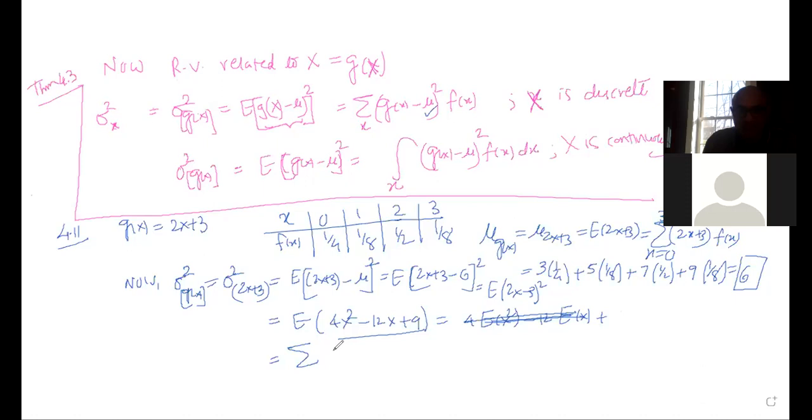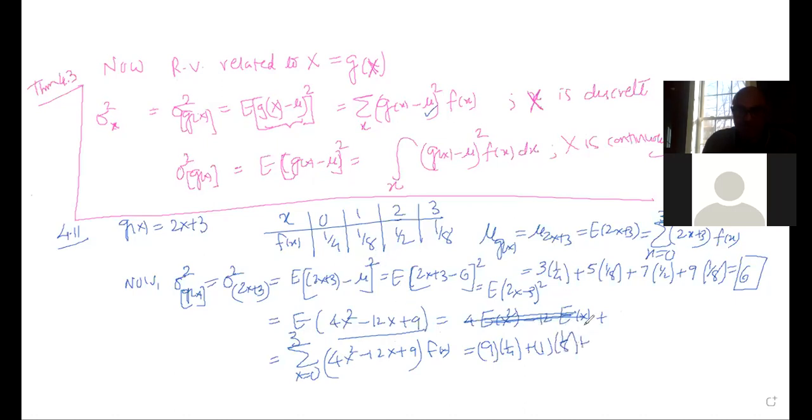So that is equal to summation of (4x square minus 12x plus 9) times f(x), x equal to 0, 1, 2 and 3. So for x equal to 0, it is 9 times 1 by 4, plus x equal to 1: 4 minus 12 is negative 8, plus 9 is 1, times 1 by 8.